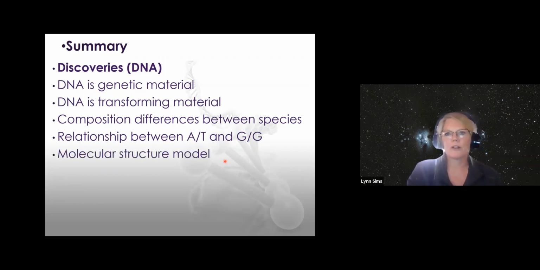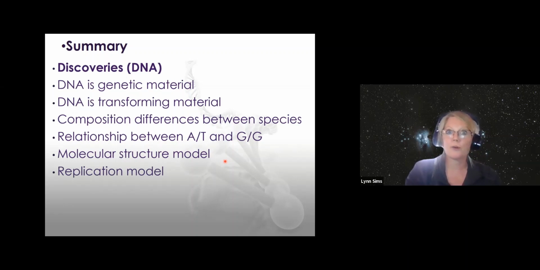And then the molecular structure: Watson and Crick, Rosalind Franklin, and Wilkins led to that. Then, of course, the molecular model of the whole DNA molecule, the double helix, and how it's connected, explained Chargaff's rules, what he found. And the semi-conservative model of replication.